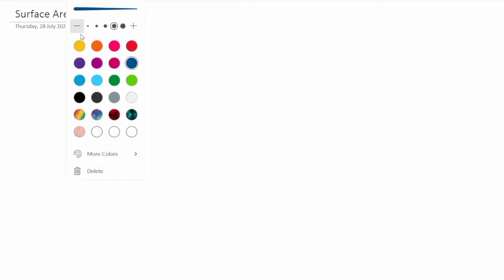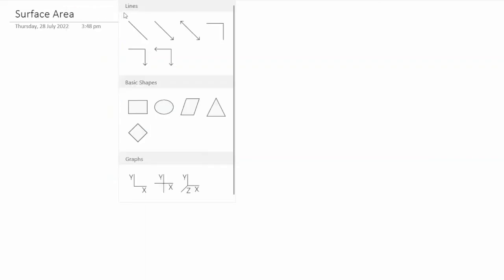For our surface area, let's put here another graph.